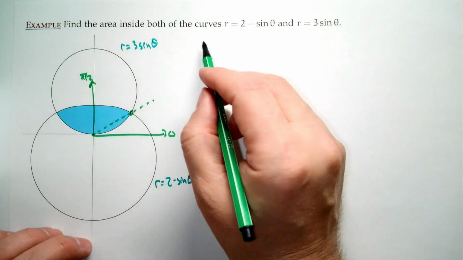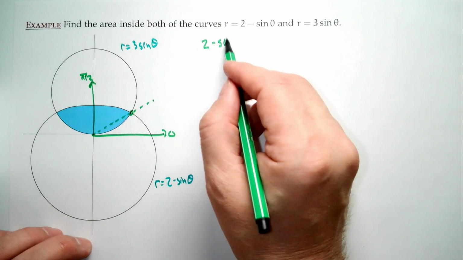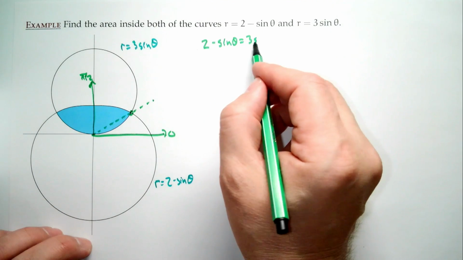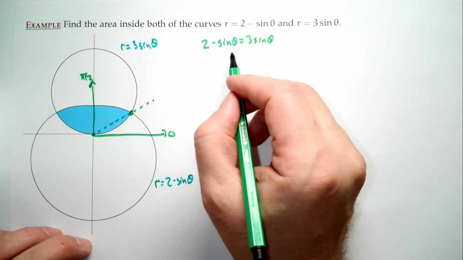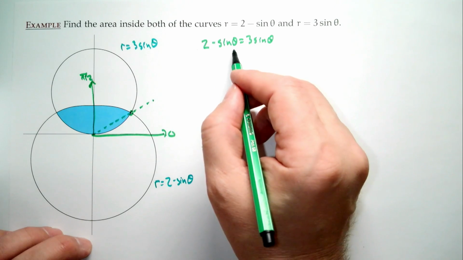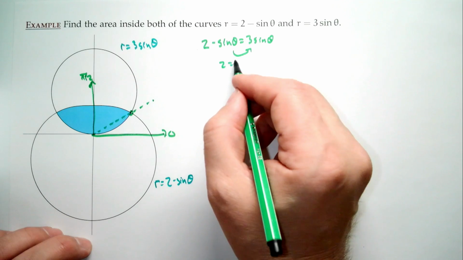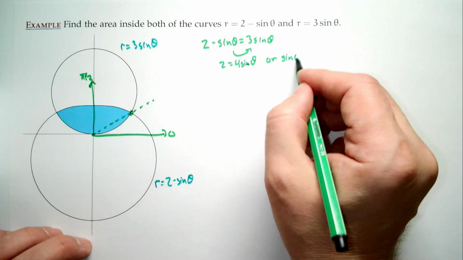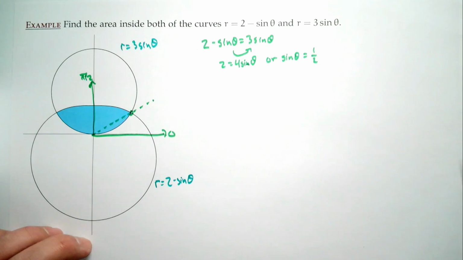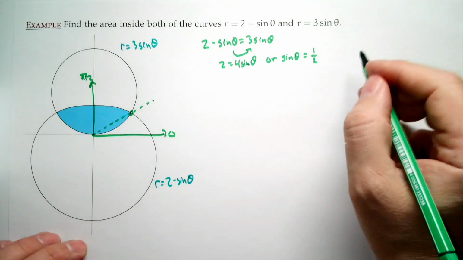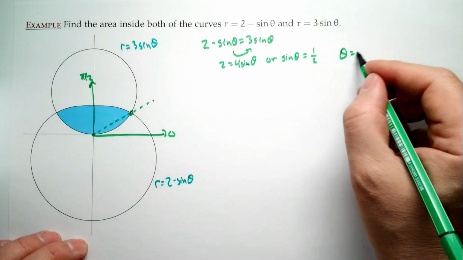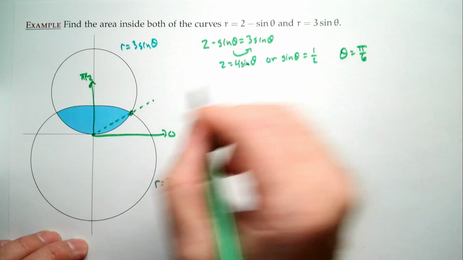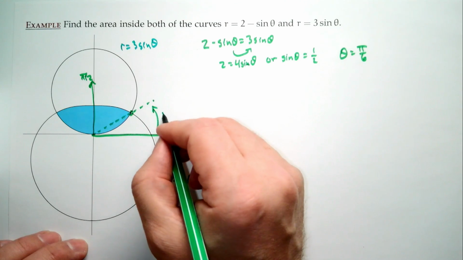Well, we set the curves equal: 2 minus sine of theta equals 3 sine theta. Move that across: 2 equals 4 sine theta, or sine of theta equals a half. What angle gives us sine of theta equals a half? Pi over 6. Many angles do, but the first angle that does it is pi over 6. So this is pi over 6.